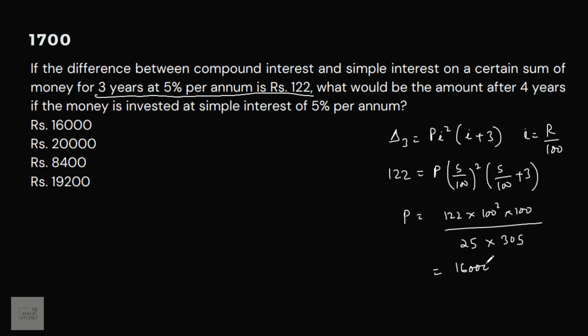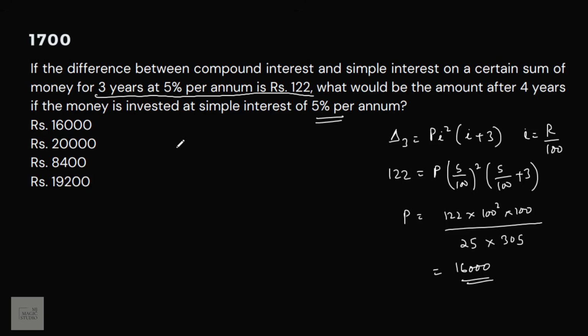So principal is 16,000. What would be the amount after 4 years if the money is invested at simple interest of 5% per annum? 16,000 is the principal. Now if this money is invested at 5%, what would be the simple interest after 4 years?